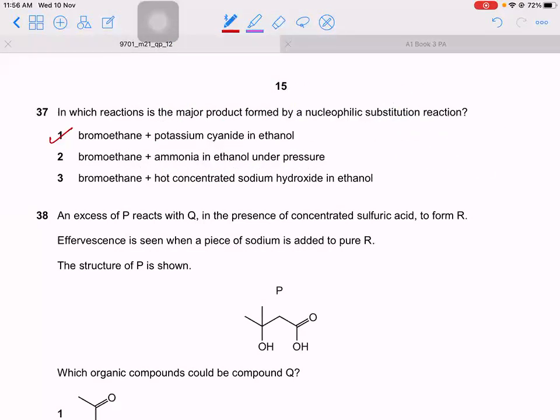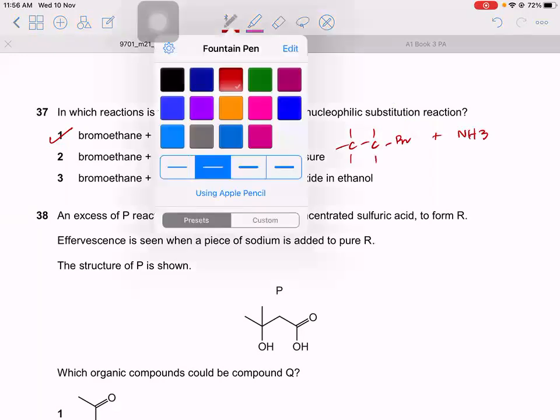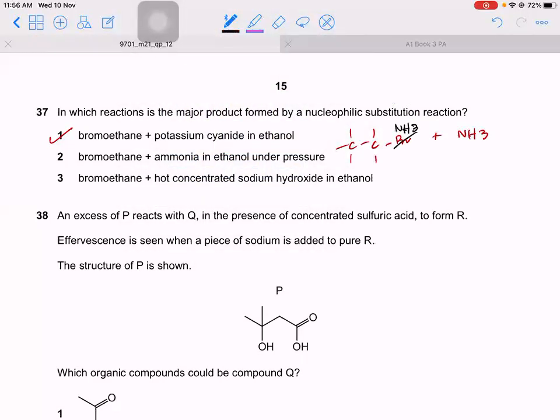Then you have bromoethane with ammonia. Can this give you a major product? Yes. Only thing you got to do is this will replace the Br and this will become NH2, an amine. Only one product.